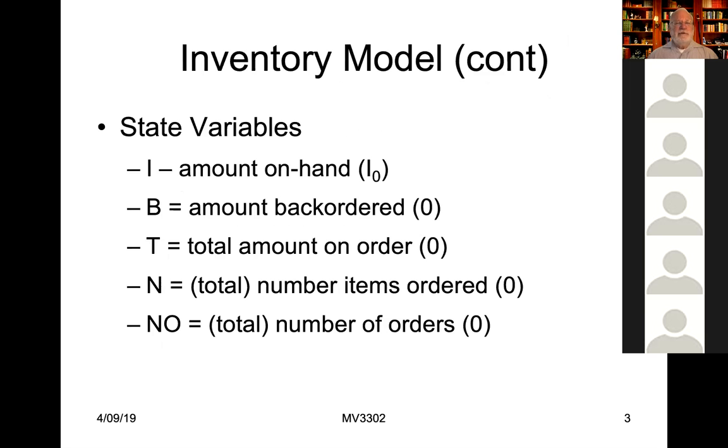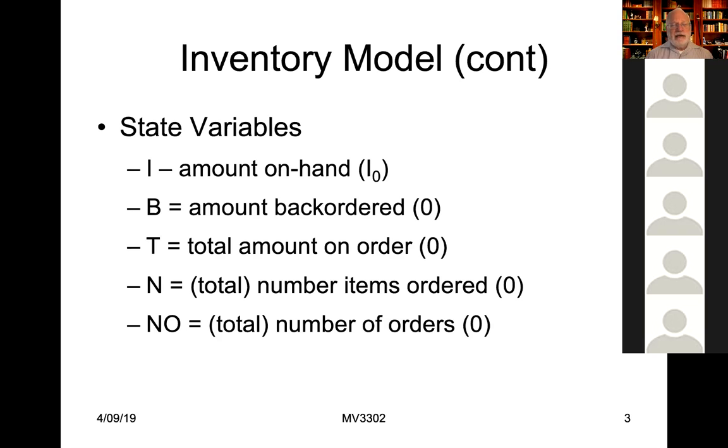Okay, the state variables would be the amount on hand at any given time. That would be either 0 or some positive quantity. B would be the amount that's back ordered, and again, that would be either 0 or some positive quantity. And then T, the capital T, would be the total amount that is on order. In other words, that's the amount that we have outstanding. So B is the amount that we owe our customers.